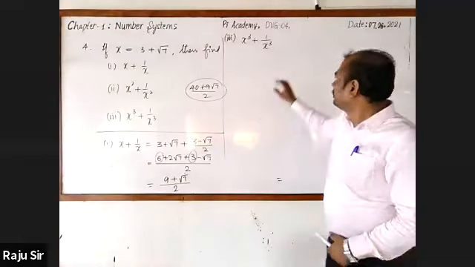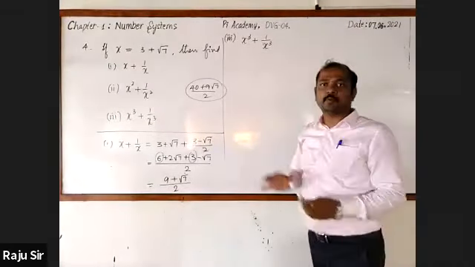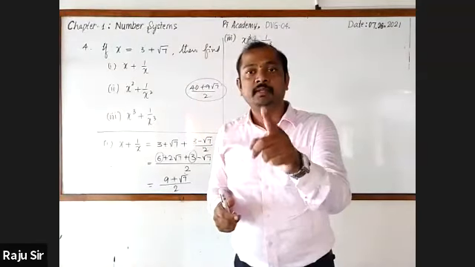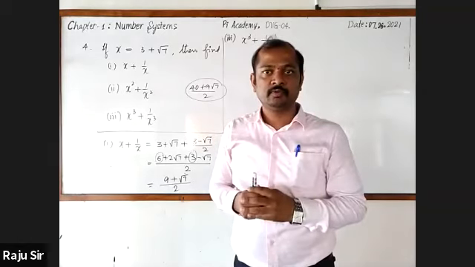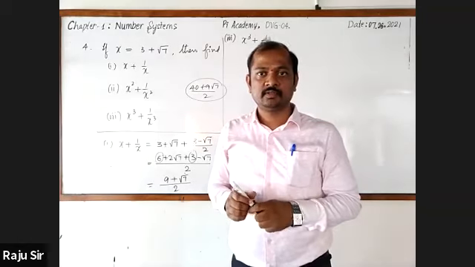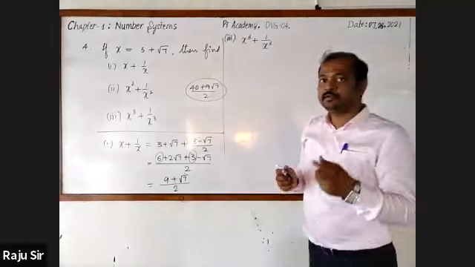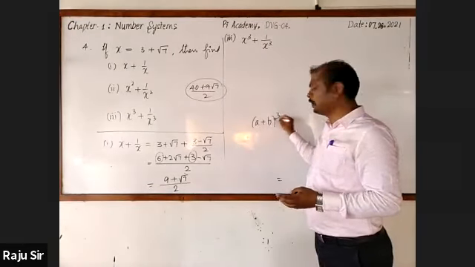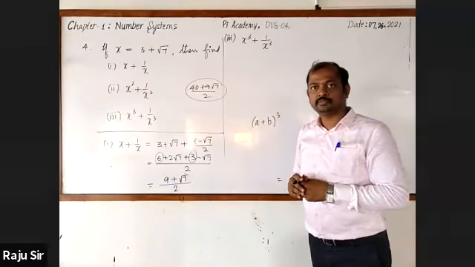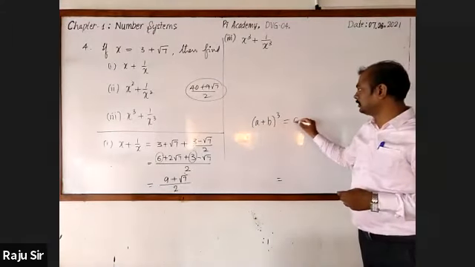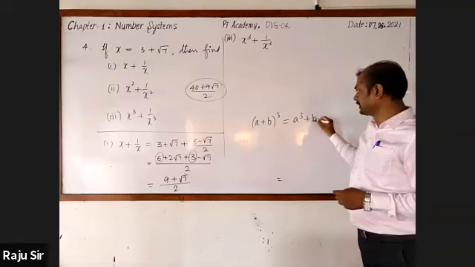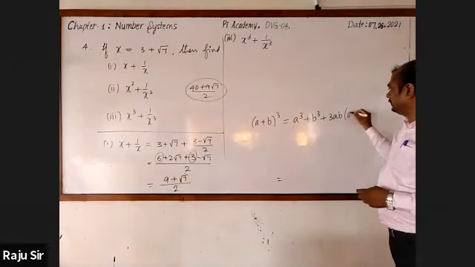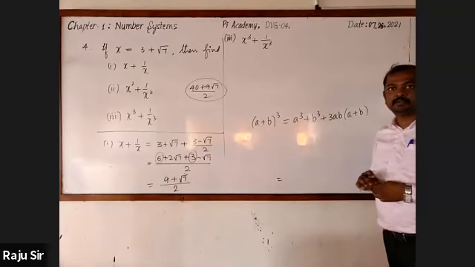Observe. By observing x cube plus 1 by x cube, you can recall the identity a cube plus b cube. Is it not? You are very familiar with the identity a plus b whole cube equal to a cube plus b cube plus 3ab into a plus b.